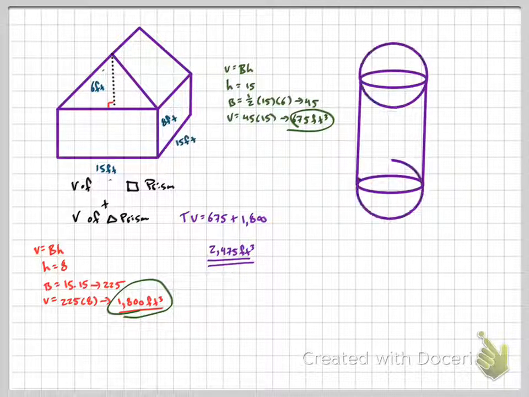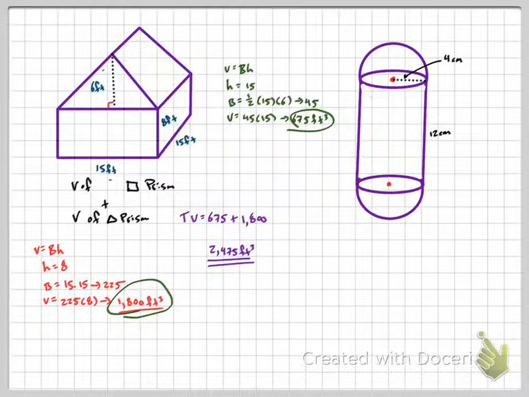Let's look at this problem here. So this is a cylinder with half spheres stacked on the end. So it looks kind of like a capsule or a medicine pill. Because we have half spheres on the top and the bottom, if we were to combine those, that would make one whole sphere.